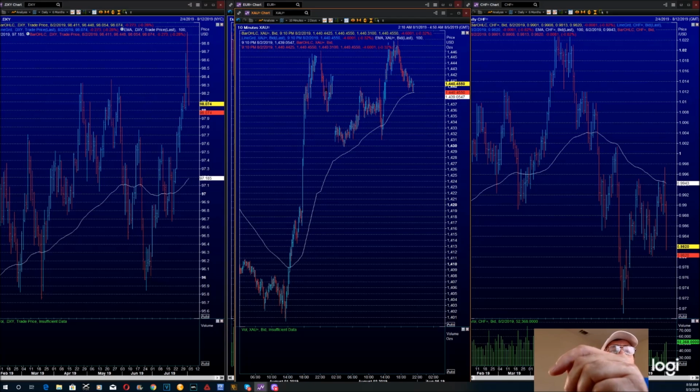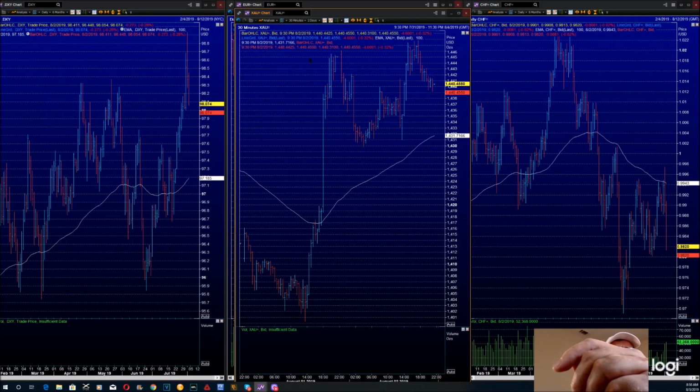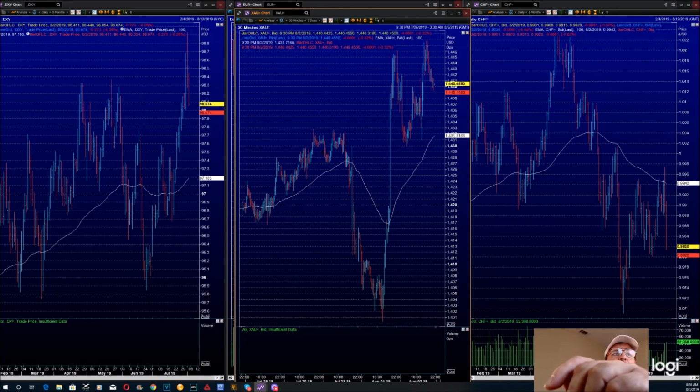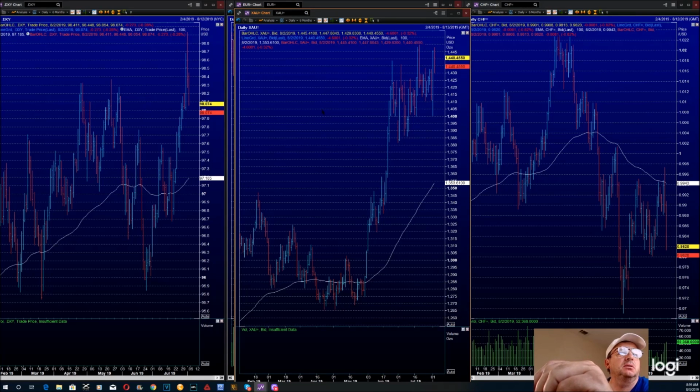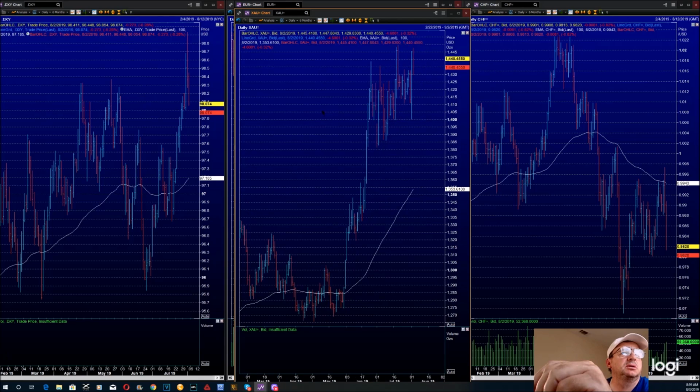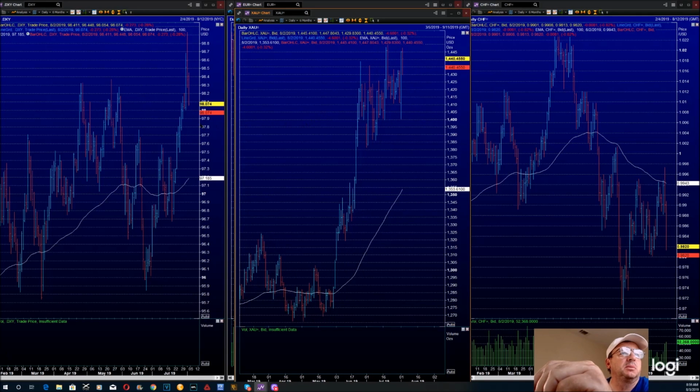Okay, now looking at the dollar index for gold, I'm finding it's actually kind of correlated too. This is daily. Let me put daily, 6 months.